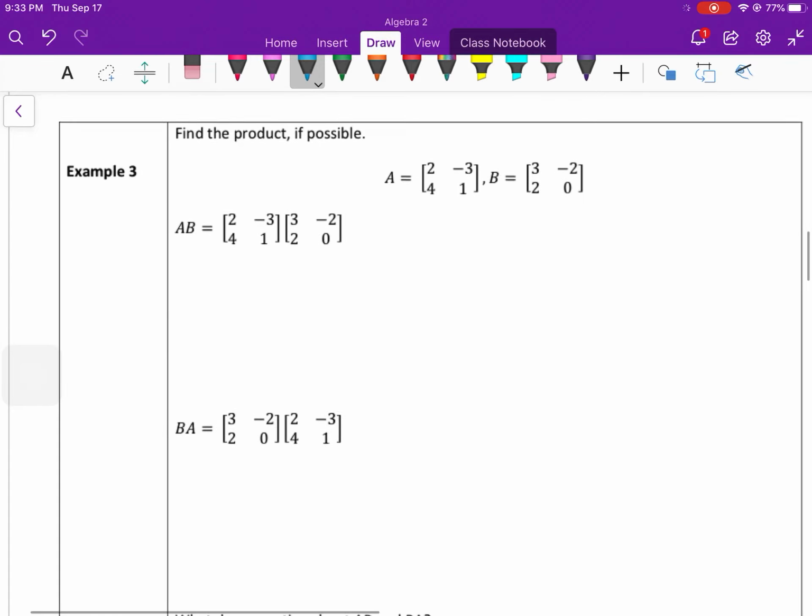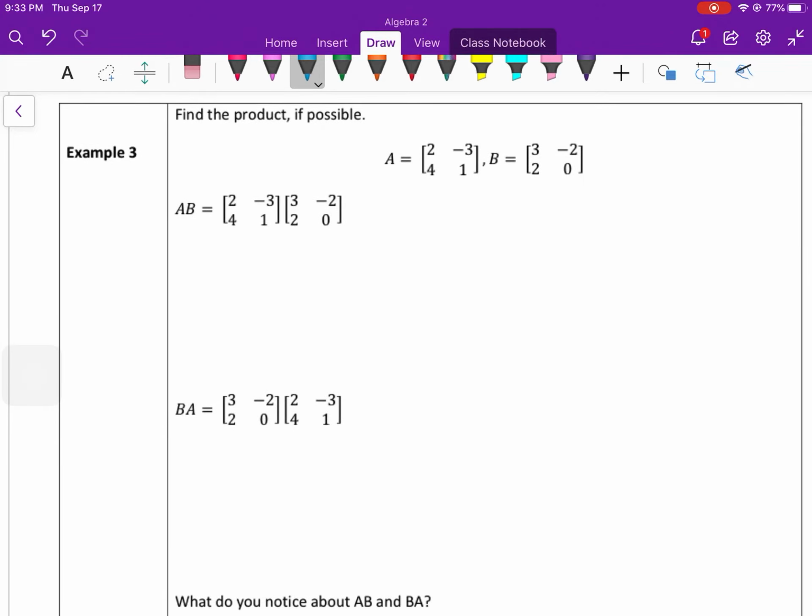So I'm going to show you how to do matrix multiplication by hand here. When you multiply matrices, you multiply rows by columns. So I have a 2 by 2 matrix times a 2 by 2, which means my answer will be 2 by 2.